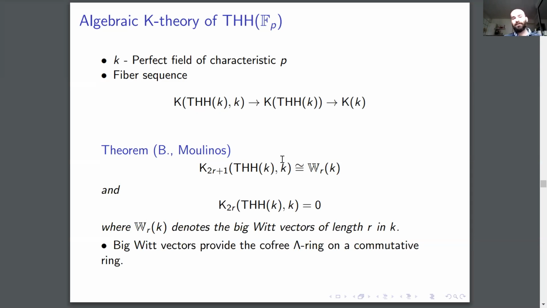If K was F_p, then Witt vectors on F_p are the p-adic integers, for example. You get the p-completion. And the big Witt vectors do this over all primes. So if you have F_p, then Witt vectors of length r is just Z over p to the r.